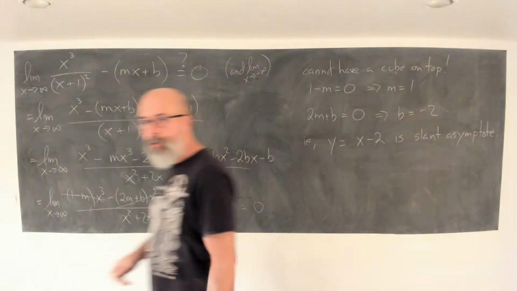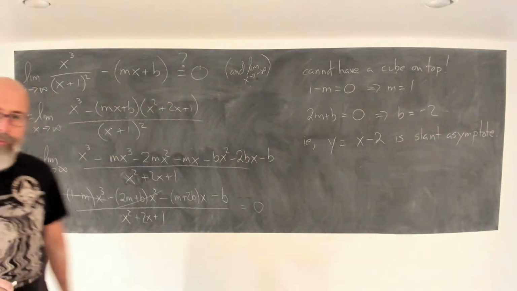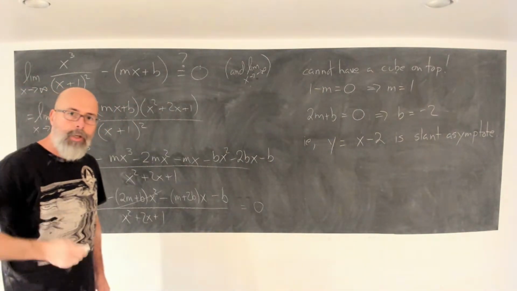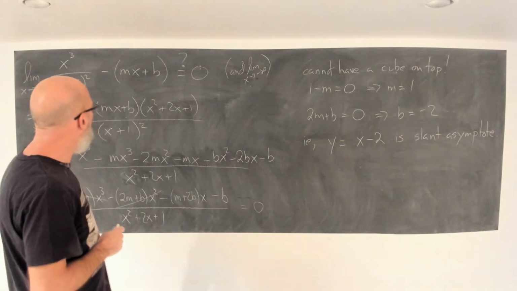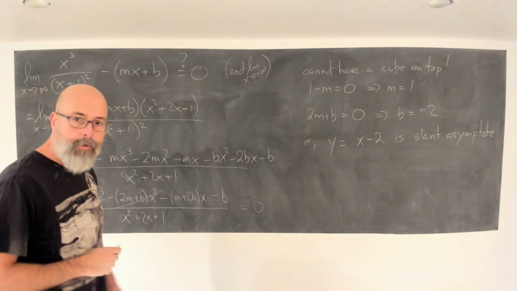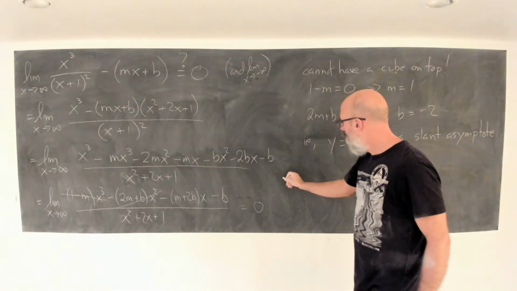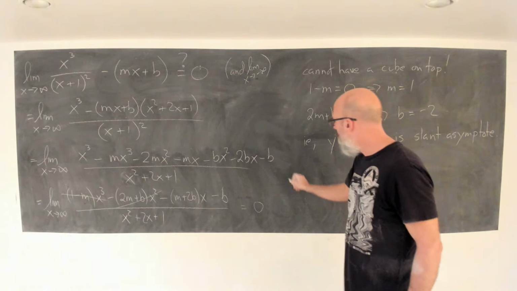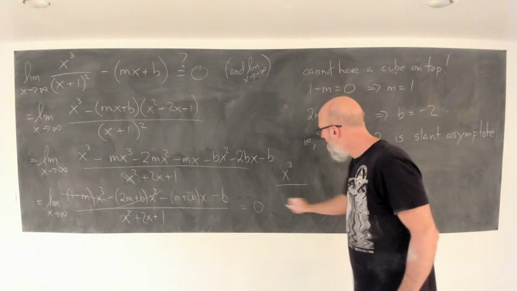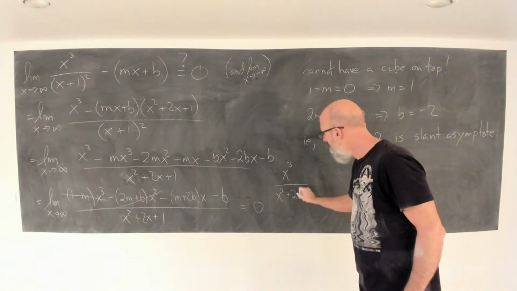So x minus 2 is the slant asymptote. Let me take 1 more minute to show you something. We have x cubed over x squared plus 2x plus 1.